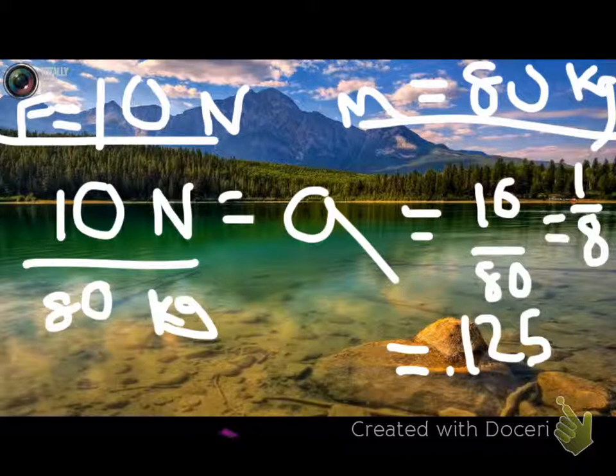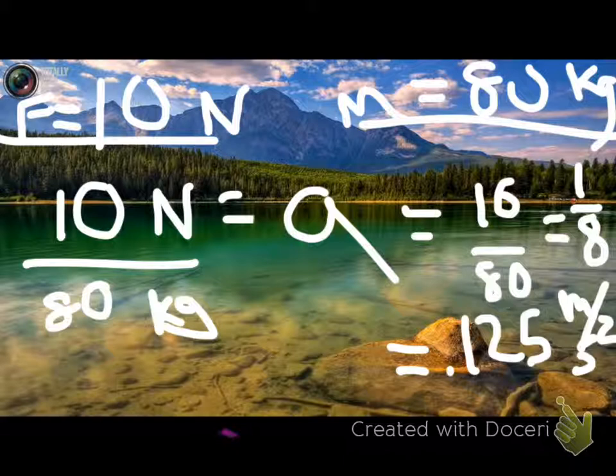0.125. Now I'm not going to talk about the units because I did that in the free fall, but newtons divided by kilograms is going to give us meters per second squared, which is the correct unit for acceleration. Remember, it's the rate of change of velocity, so it's going to be meters per second squared.